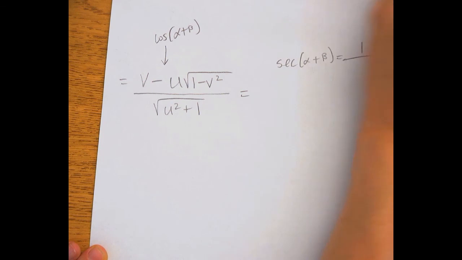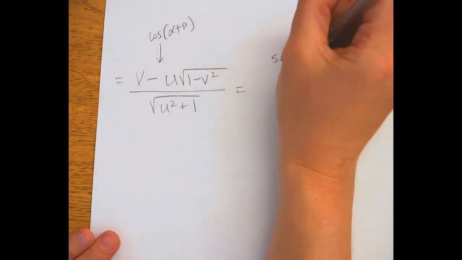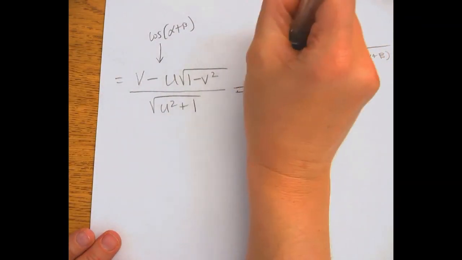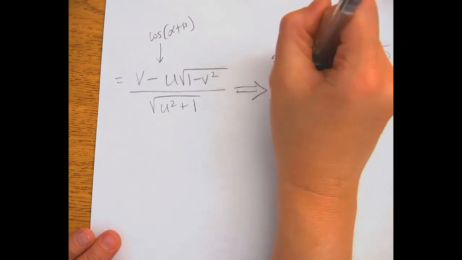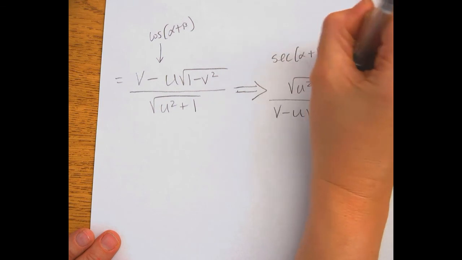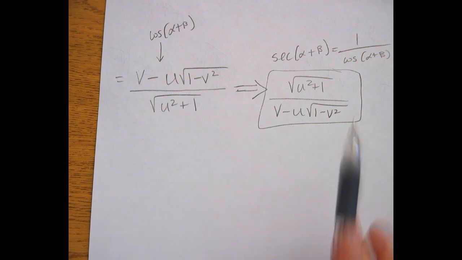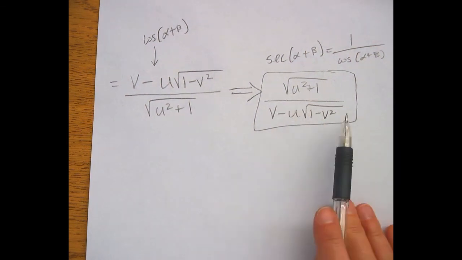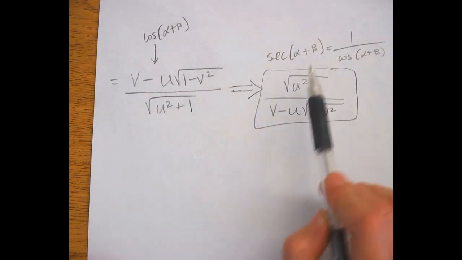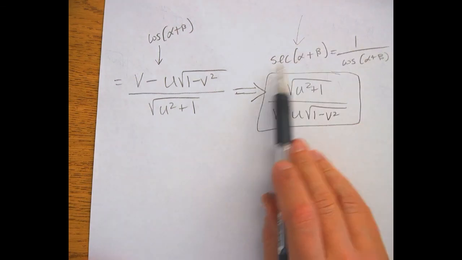And that is just the reciprocal. So I just take this fraction and flip it over. So it will become the square root of U squared plus 1 all over V minus U times the square root of 1 minus V squared. That is our final answer. That is the algebraic expression containing U and V that gives the same value as this trig expression given secant and then alpha and beta.